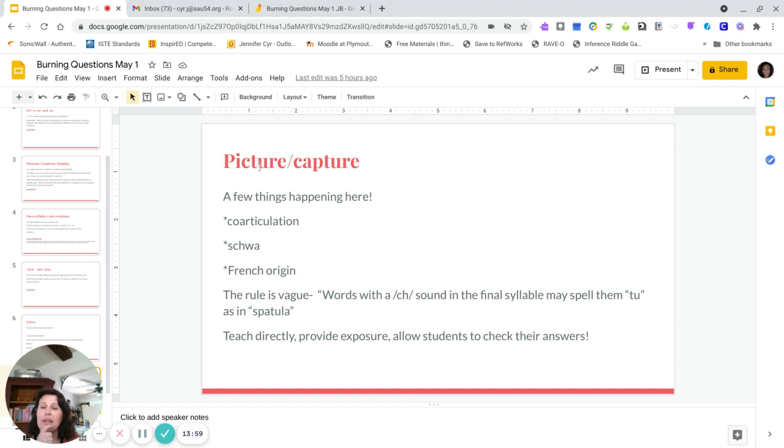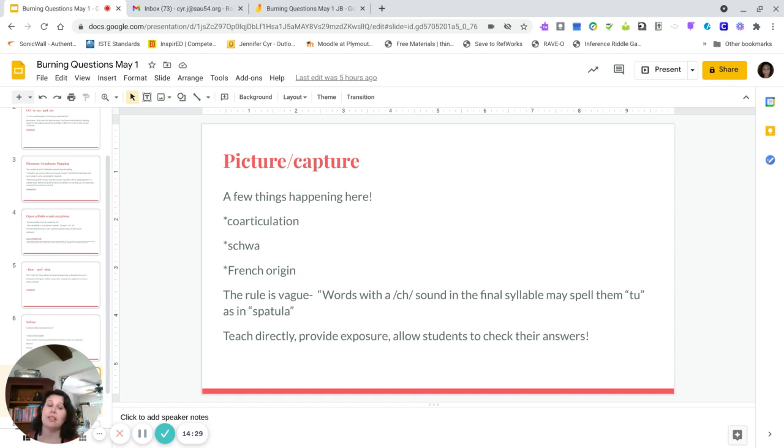Another thing that's happening is the schwa, as I mentioned before. And also, we see this in words of French origin. Picture and capture originated in Latin, but as they evolved into French, they lost the hard T and picked up more of the ch sound. So there are rules that attach themselves to the T-U-R-E, but it's super vague.